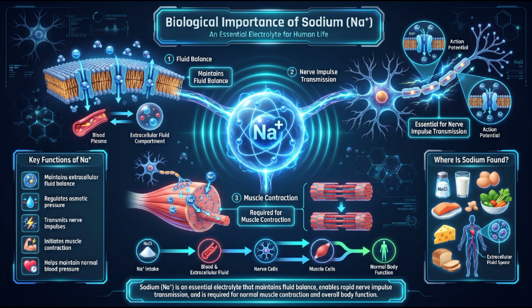Sodium works together with potassium and calcium ions during this process, ensuring that muscles contract and relax in a coordinated manner. Without adequate sodium, muscles may become weak, develop painful cramps, or lose their ability to contract normally.